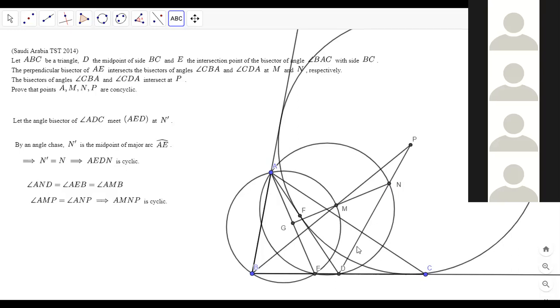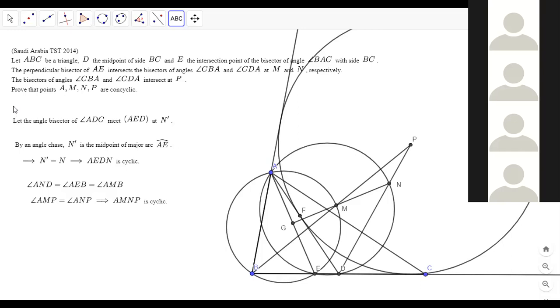Yes, that makes sense. So is this the whole proof right here? Where did we use that this is an angle bisector? Oh, in order to show AMEB is cyclic. I didn't write that out yet.